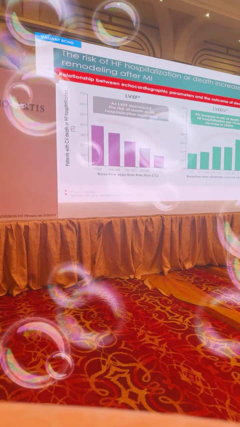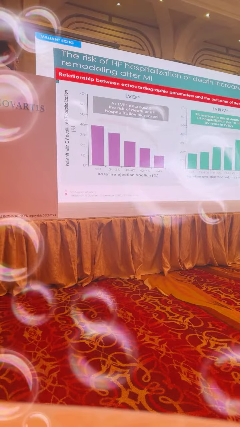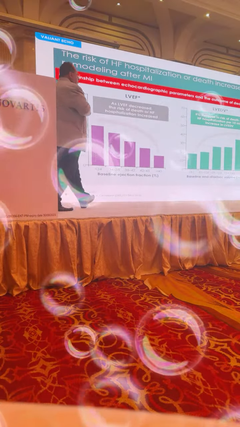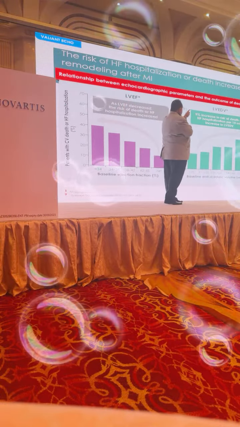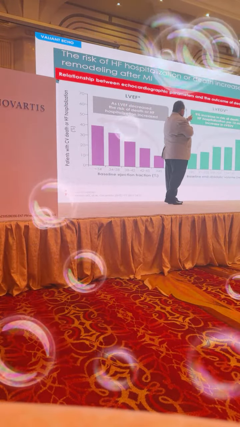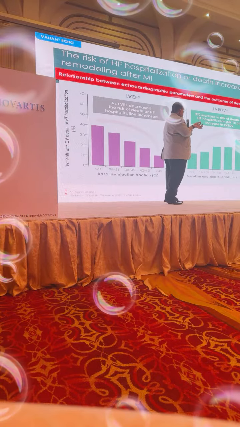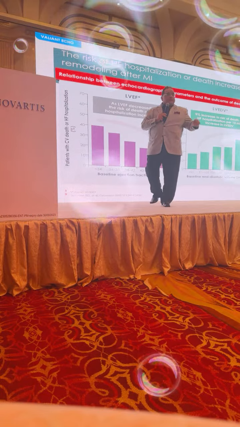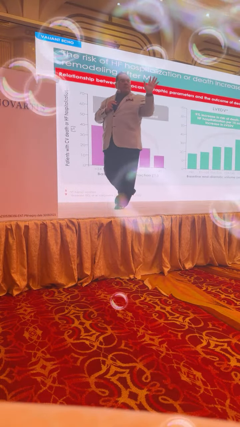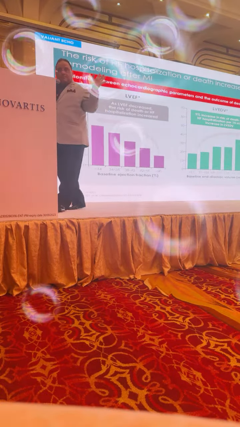Again, here in left ventricular systolic volume, there is something important to mention. Only 9% increase risk of death or heart failure hospitalization per 10 ml increase in LVESV. See? So we need medication to act as anti-remodeling therapy, like ARNI. Right?